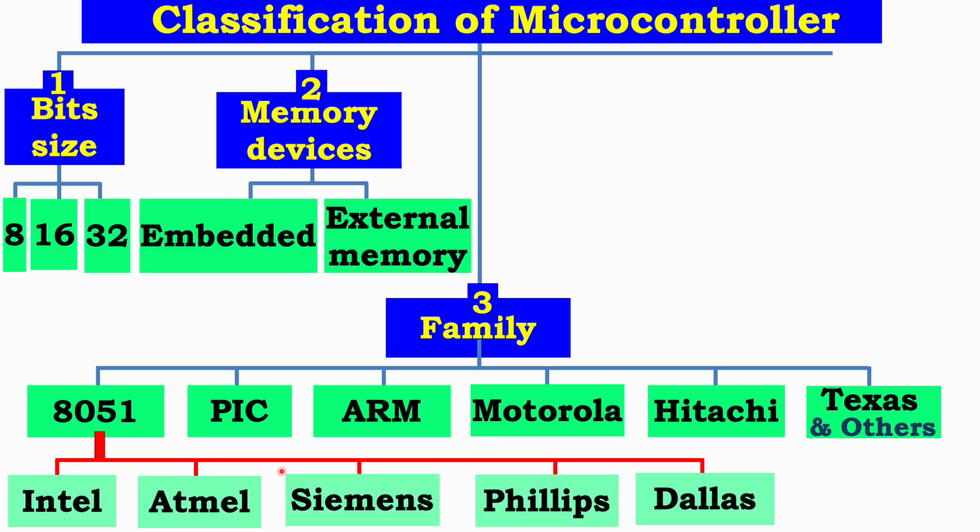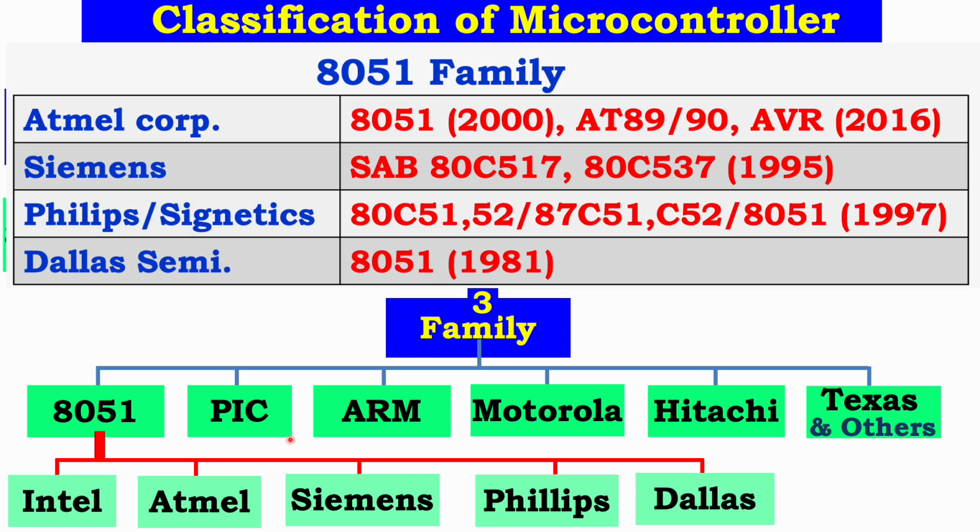See there, in the 8051 microcontroller, different types of microcontrollers are manufactured by Intel, Atmel, Siemens, Philips and Dallas. Atmel Corporation manufactured in the 2000 year the 8051, 8089 series, 90 series and also AVR in 2016. Siemens, SAB series 80C517, 80C537 in 1995.